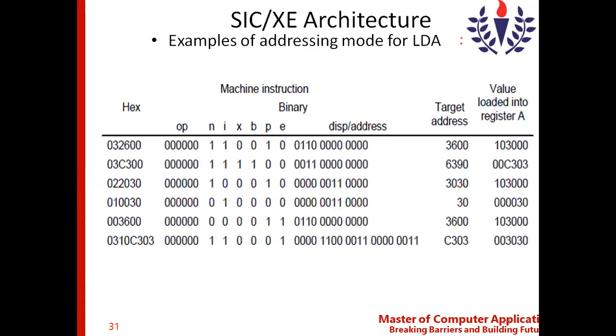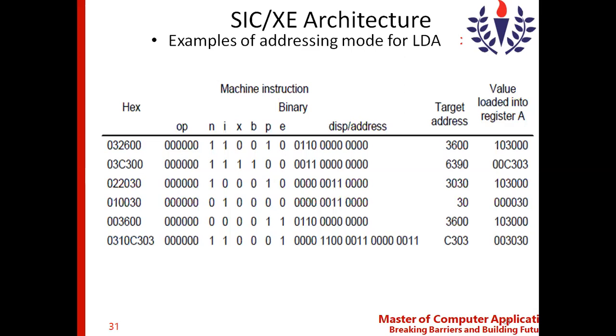Here there is an example. How can we calculate the TA from the given example? Here we are given the instruction, which has the opcode, NIXBPE bits and the displacement or the address.